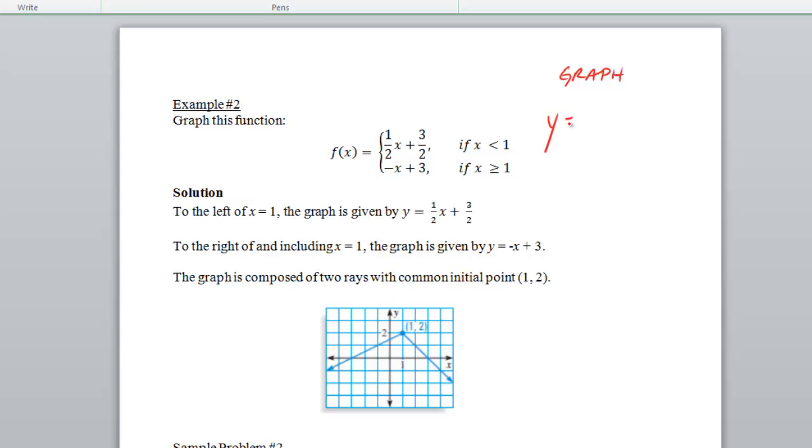And so I'm going to graph 1/2 x plus 3/2. And then I'm also going to completely graph negative x plus 3. Now, if you're doing this on the computer, the method that I'm suggesting can be a little bit difficult, because I'm going to graph the entire line, and then I'm going to erase the part that I don't want.